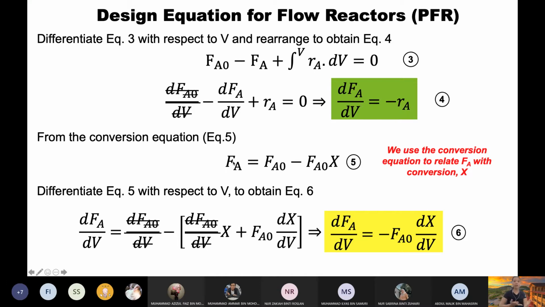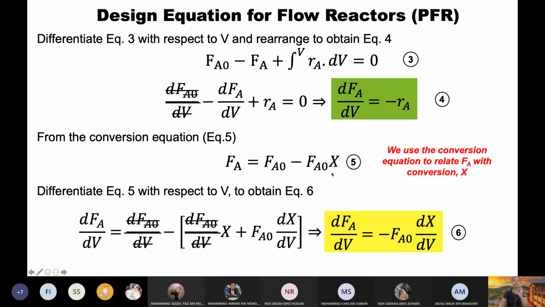So then come back pula, kamu tengok daripada equation number 4 ni, only one variable has connection to X, which is FA. Because we learn dah FA equals to FA naught minus FA naught X. Kita dah belajar kan equation conversion. Ini kalau saya bezakan FA towards volume, means dFA per dV, I can also differentiate FA naught dengan FA naught X ni.